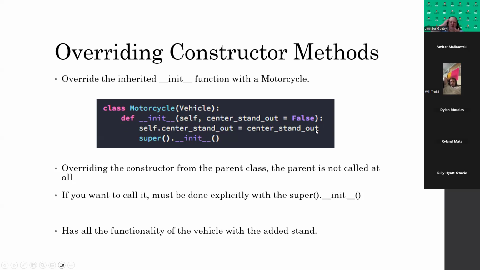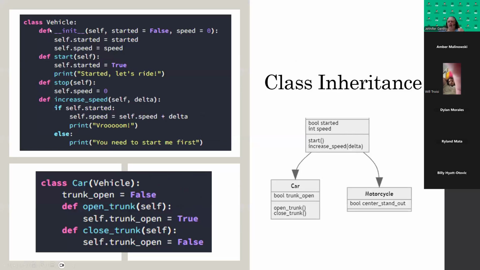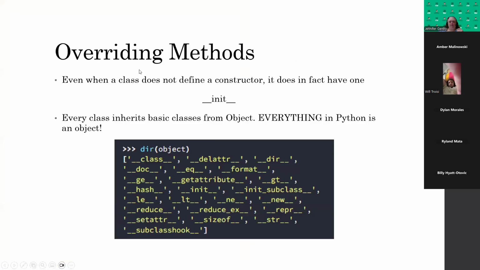And then it does do a super init. The super init is going to do the init of the vehicle. Whatever was in the init of the vehicle, it's going to come up here and do that: self.started, started, self.speed, speed.